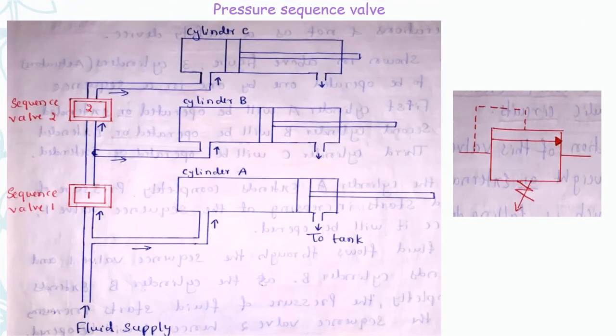Now we'll move on to the next type of pressure control valve, that is the pressure sequence valve. A pressure sequence valve is used in a hydraulic system to do various operations in a definite or sequential order, one after the other.